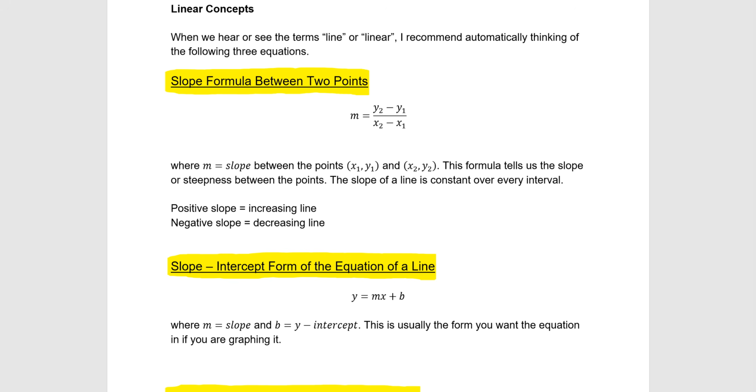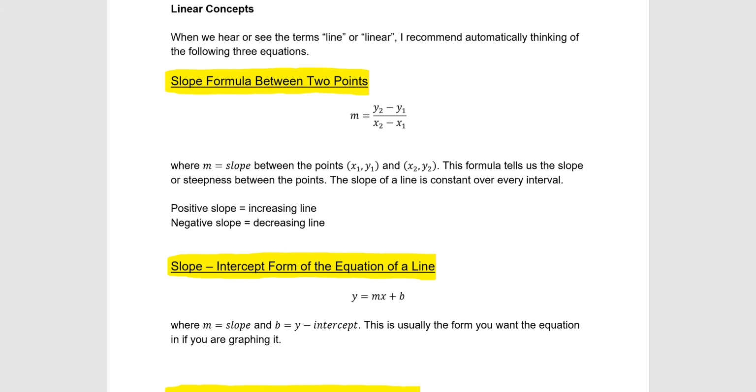If we get a positive number for the slope, it's an increasing line. If we get a negative number, it is a decreasing line. If we get a slope of 0, it is a horizontal line. If we get an undefined slope, meaning we divide by 0, then it is a vertical line.